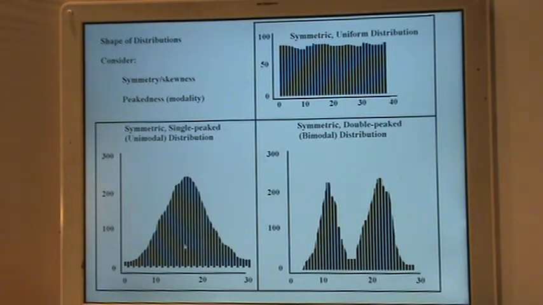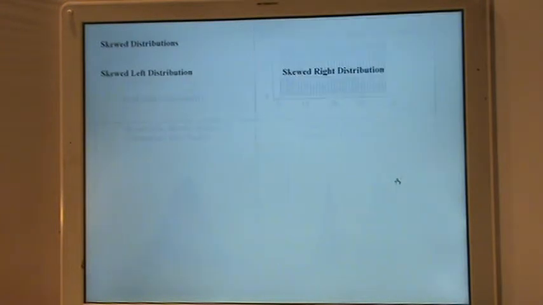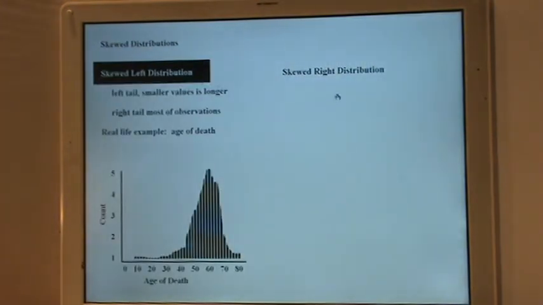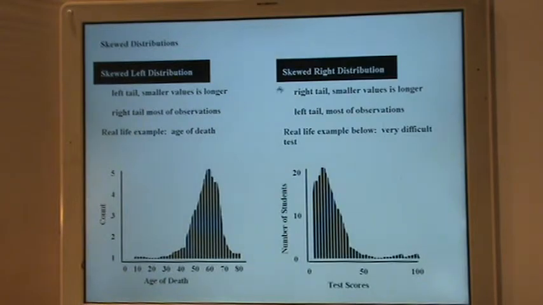Now, since these are symmetrical, then the mean would be a measure of central tendency and the standard deviation would be a measure of variance. Since these two distributions are not, we have a left skewed here and a right skewed, the mean and standard deviation would be inappropriate, and the median and interquartile range would be the measures of central tendency and range.